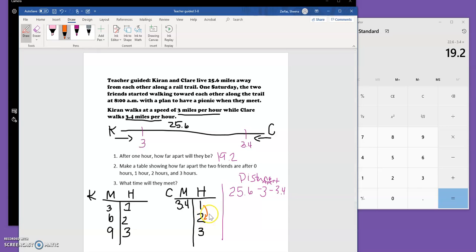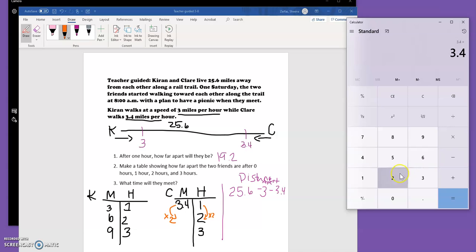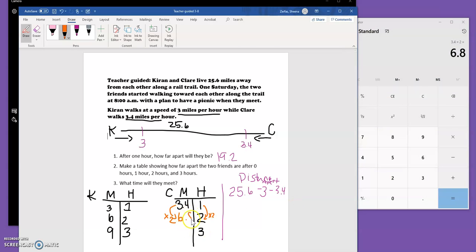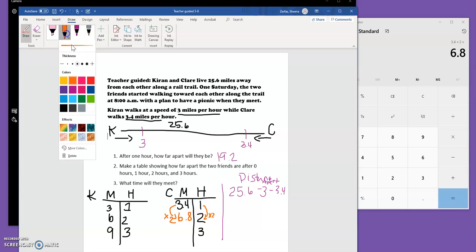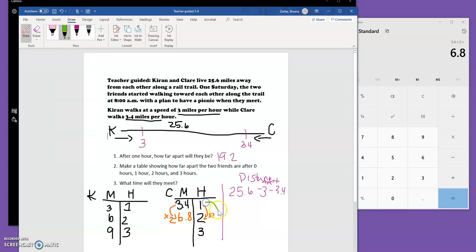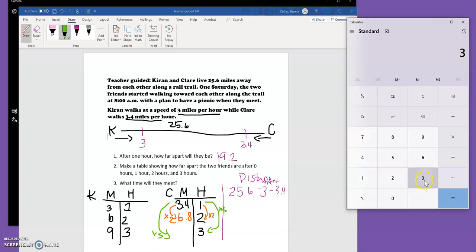If we're multiplying the hours by 2, then I'm going to multiply the miles by 2. 3.4 times 2. She's gone 6.8 miles in 2 hours. And then for 3 hours, 1 times 3, so 3.4 times 3.